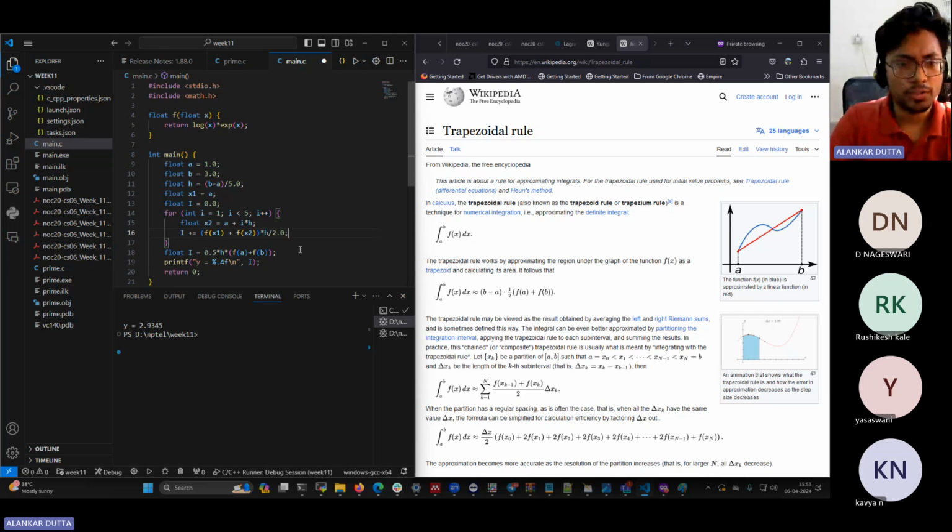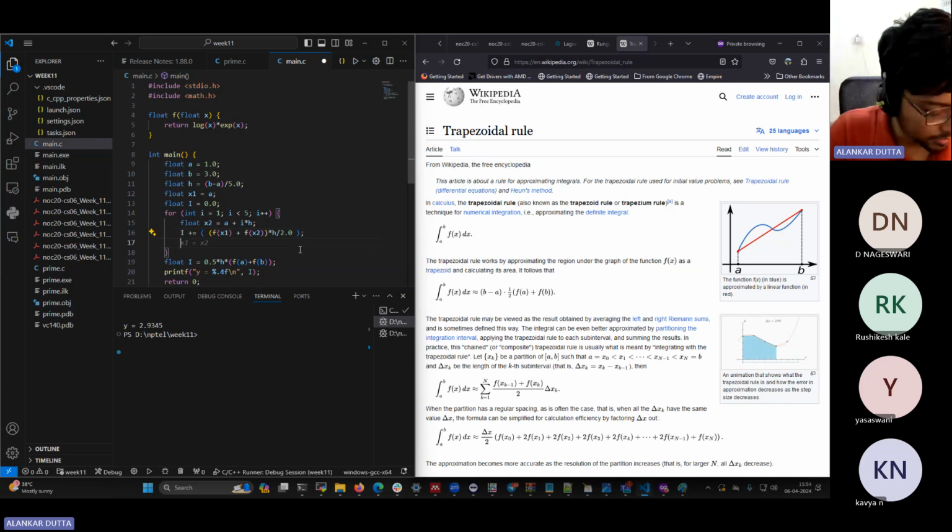And then we come out of this. I'll just put in one more bracket just to be sure that this is evaluated before anything, and before adding, all the things are getting evaluated, and then x1 needs to be changed.